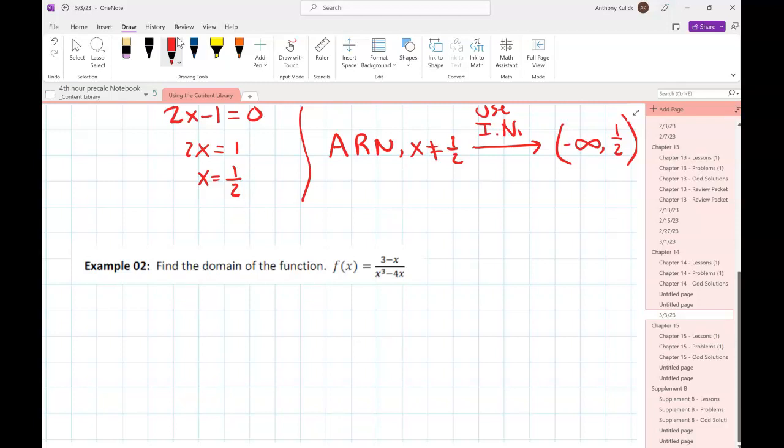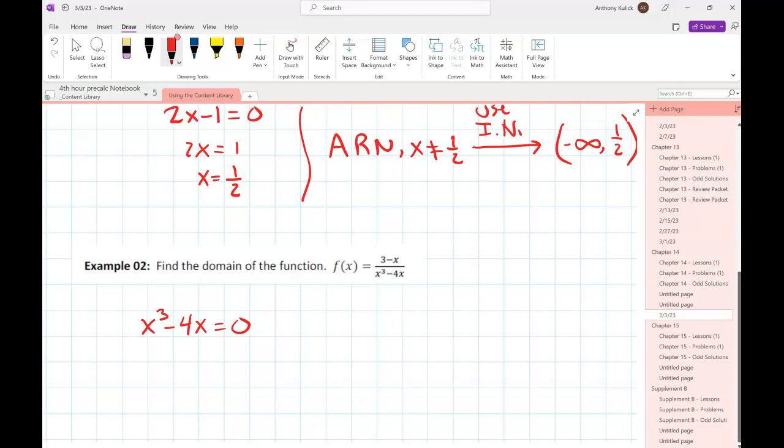Definitely a polynomial. So what do I care about then? I care about where the denominator is equal to 0. How do I solve something like x cubed minus 4x equals 0?